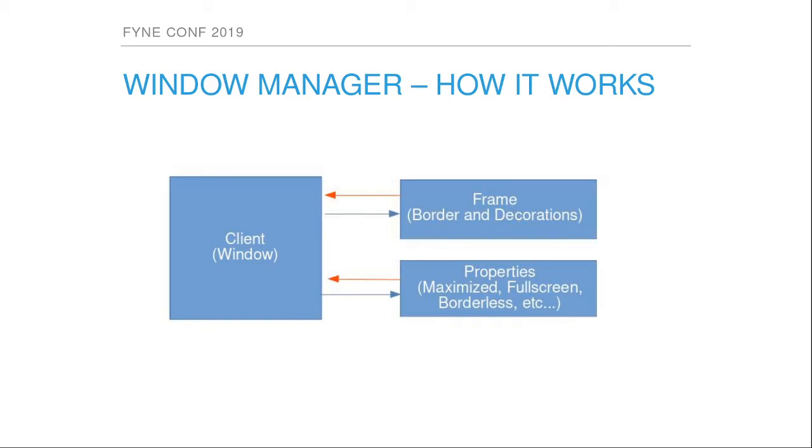The client can also query and get responses back on properties of the windows, such as its state, minimized, maximized, full screen, that kind of thing. And then it can go back and adjust the frame as need be.